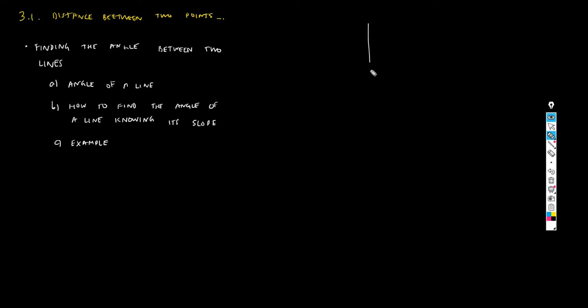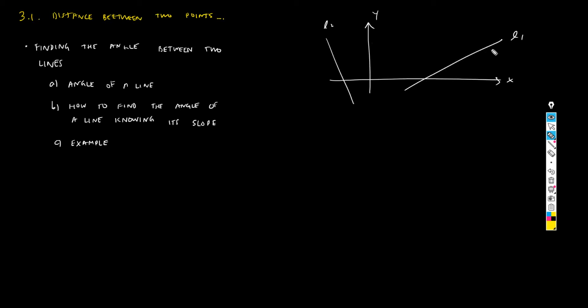Okay, so I'm gonna draw in here a Cartesian plane, and I'm gonna draw two lines, line 1 and line 2. And whenever you read this phrase, the angle of a line, what that means is this angle, guys.